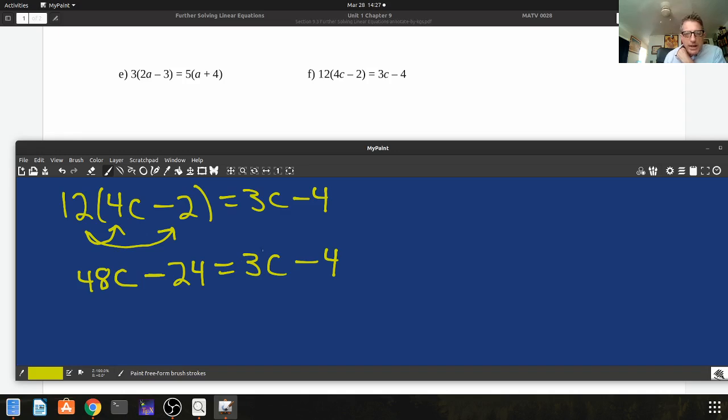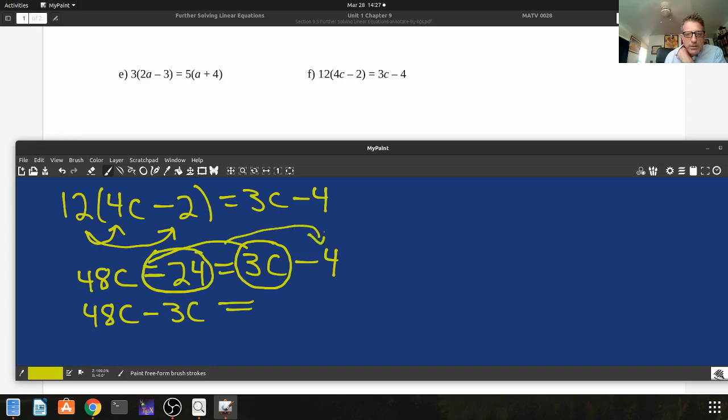So again, I'm going to take the 3c and move it over here. So that becomes 48c, and my plus 3c becomes a minus 3c. And then I'm going to take my minus 24 and move it over here.